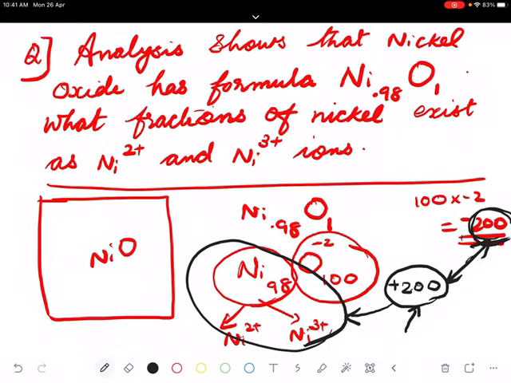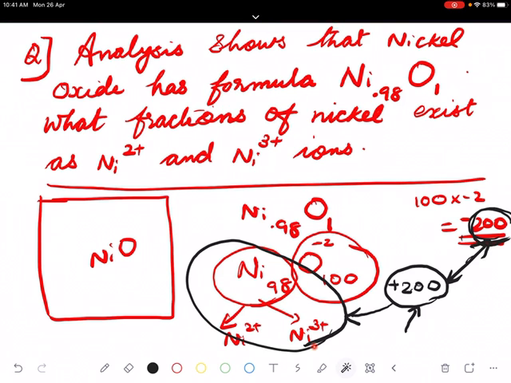So number of positive charges should be 200 because number of negative charges is 200. So there should be 200 positive charges. 200 positive charges are due to Ni2+ and Ni3+.